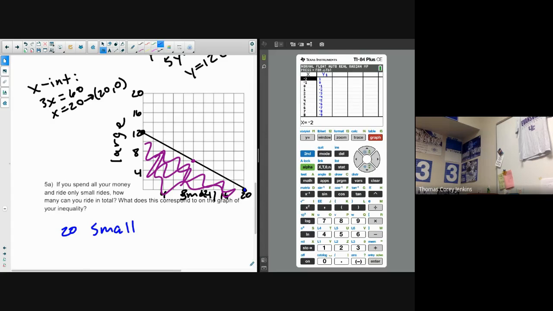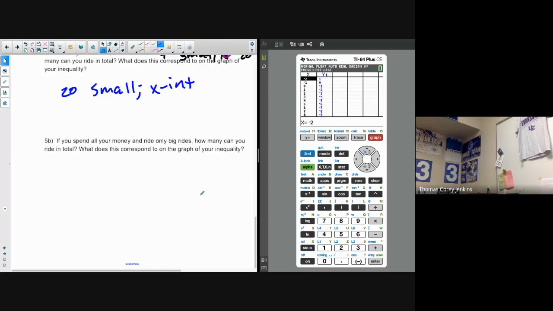And then the last one, I think there's another part to this question. All your money on big rides. Okay, so same type of question there. So remember, it goes through 0, 12. So that would be 12 large. And that's represented by the y-intercept of our graph.